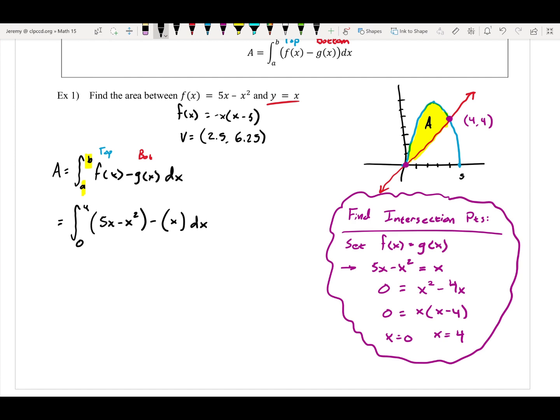And now we just have to evaluate it. So let's do that. I'll simplify a little bit. Subtracting x from f of x, I'm going to get 4x minus x squared dx. And I'll take an antiderivative, and I will get 4x squared over 2 minus x cubed over 3, and we're evaluating that from 0 to 4.